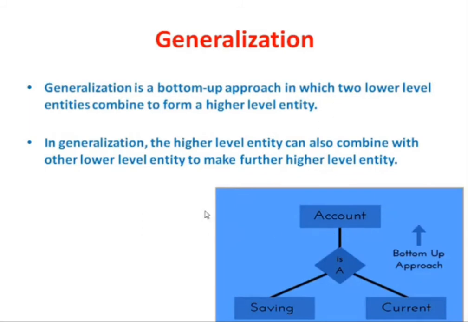So all these accounts combine to form the Infosys account. So generalization is a bottom-up approach in which two lower level entities combine to form a higher level entity. Again, you can combine same-level entities and make one more higher level entity. This form of representation is called generalization.